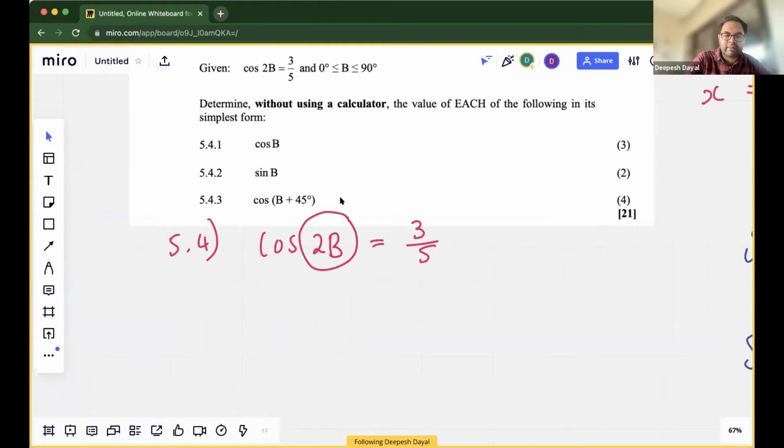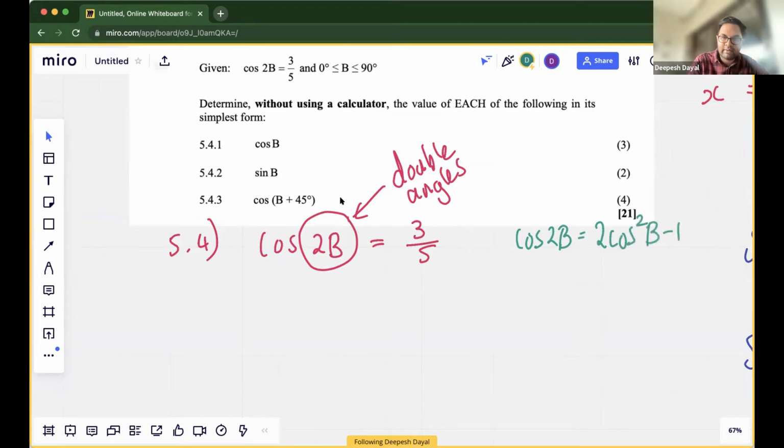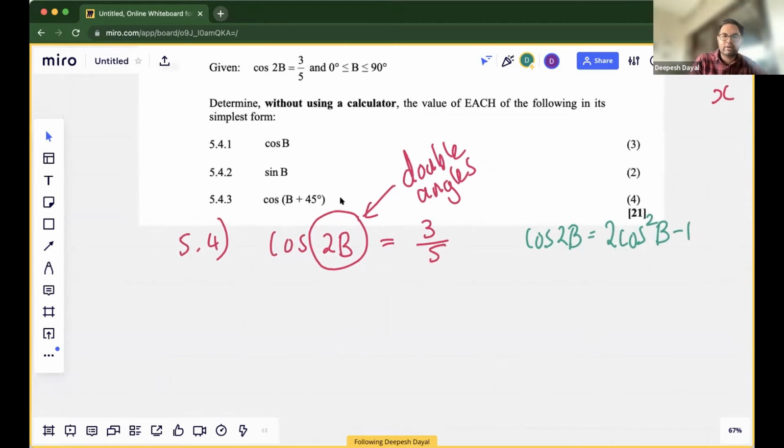So this one is double angles, and we're going to use some rules for that. Remember, cos 2b, if I write it here on the side, is equal to 2 cos squared b minus 1.